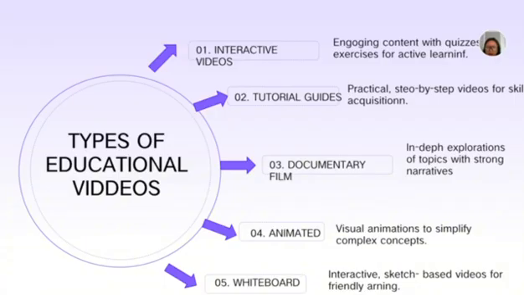Whiteboard videos, often used for sketch-based explanations, are fantastic for presenting concepts in a friendly and approachable manner. Each of these types serves a different purpose, but all leverage multimedia to help learners understand complex ideas.